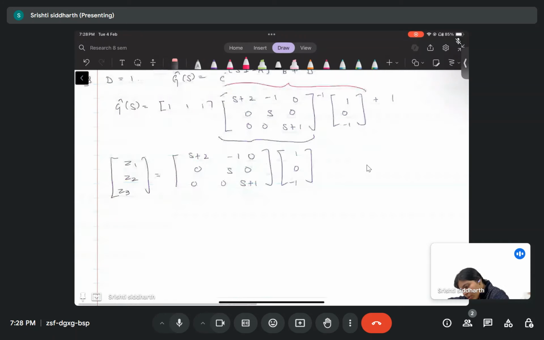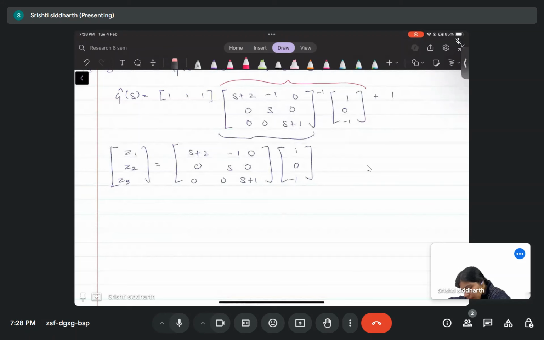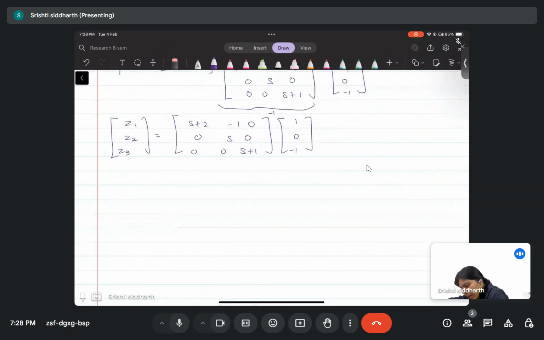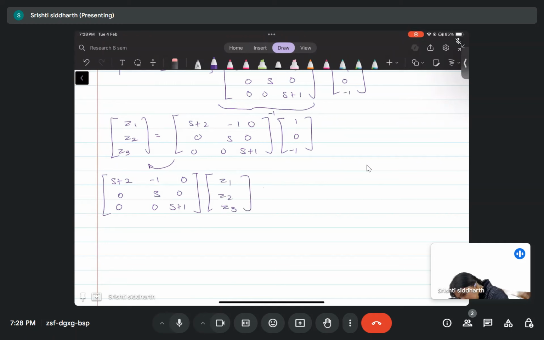So we are going to denote that 3 by 1 vector as Z1, Z2, and Z3. Now we have to find out what Z1, Z2, and Z3 are.